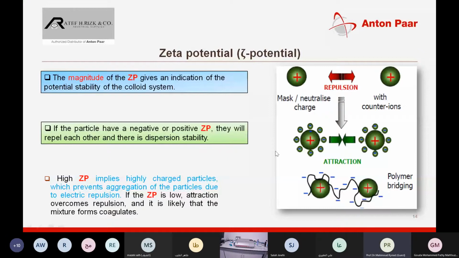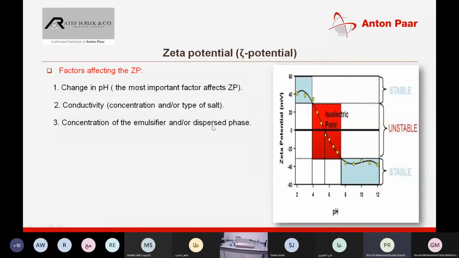There are three factors affecting the zeta potential: change in pH, conductivity, and concentration of the emulsifier, oil, and the dispersed phase.